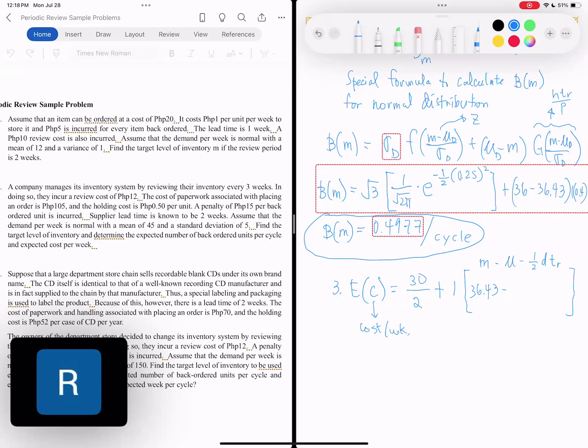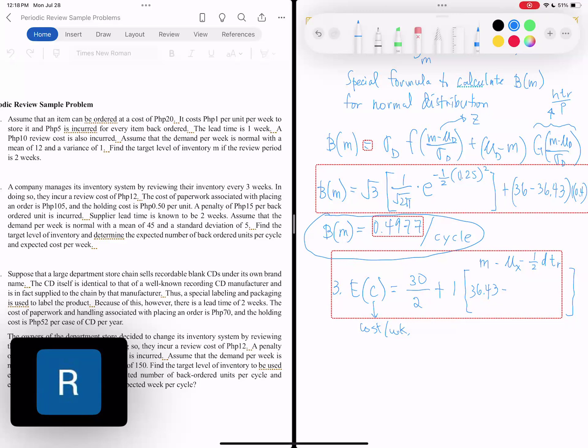Okay. Now, the mu here is the mu of X. And that's why putting the subscript is important. In our earlier calculations for BM, it was mu of capital D here. It was always capital D because BM is per cycle. Here, the formula for the holding cost for one cycle is a function of your average demand during lead time.